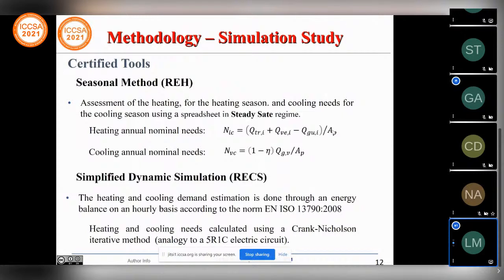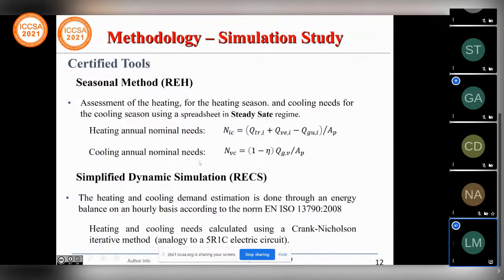In the case of the seasonal method, the calculations are very easy and made only for the whole season, winter and summer. In winter, you just calculate all the losses through the walls and through the air ventilation, and also the heat gains by solar radiation and by internal gains.